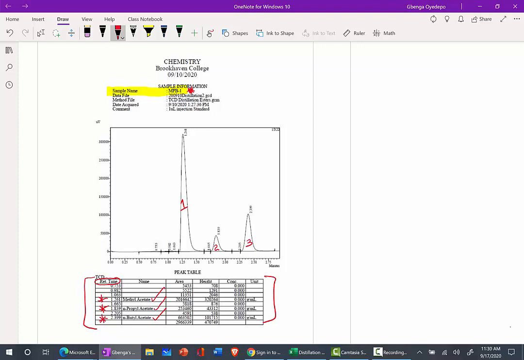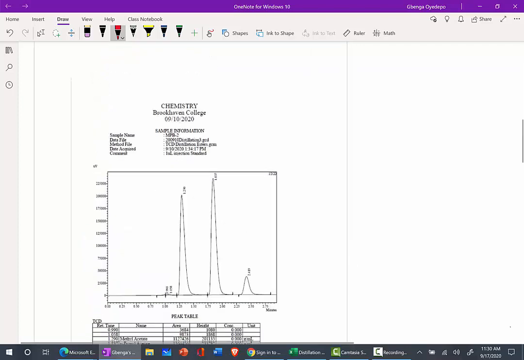For methyl acetate, the retention time, that is the time from the time you injected methyl acetate into the machine to the time it was detected by the detector, was 1.261 seconds, and so on. Each component would behave in a peculiar way, and from that you would be able to identify your unknown.